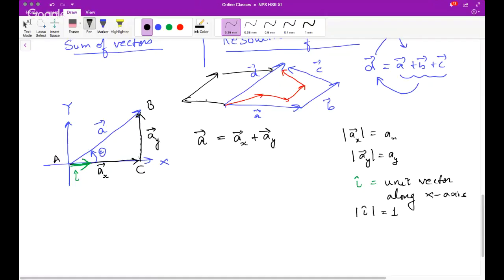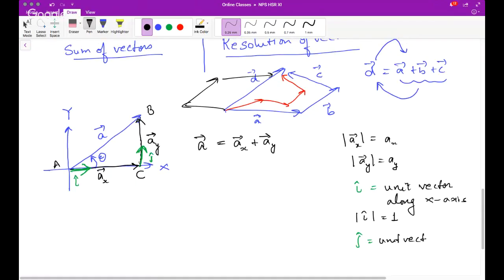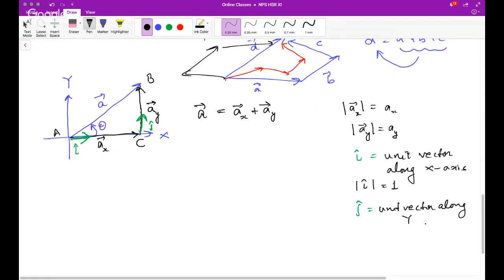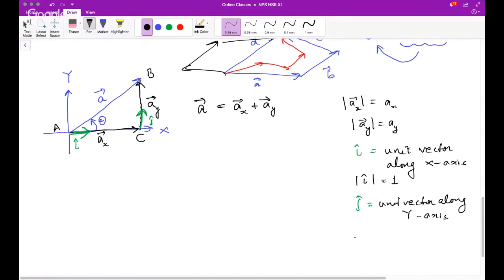Also, let's say this vector is the unit vector along y, and let's call it j cap. So j cap is the unit vector along the y-axis.